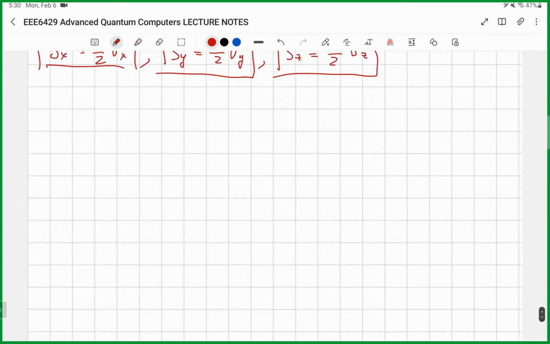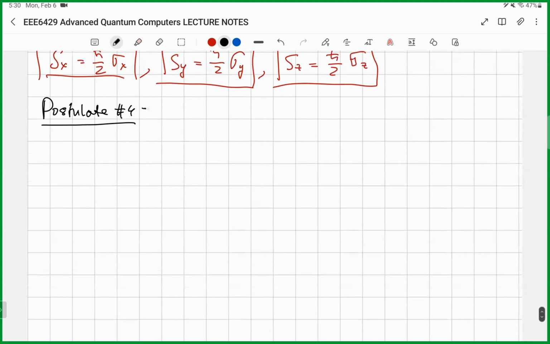So let's go next to postulate number 4. I call this projective measurements.